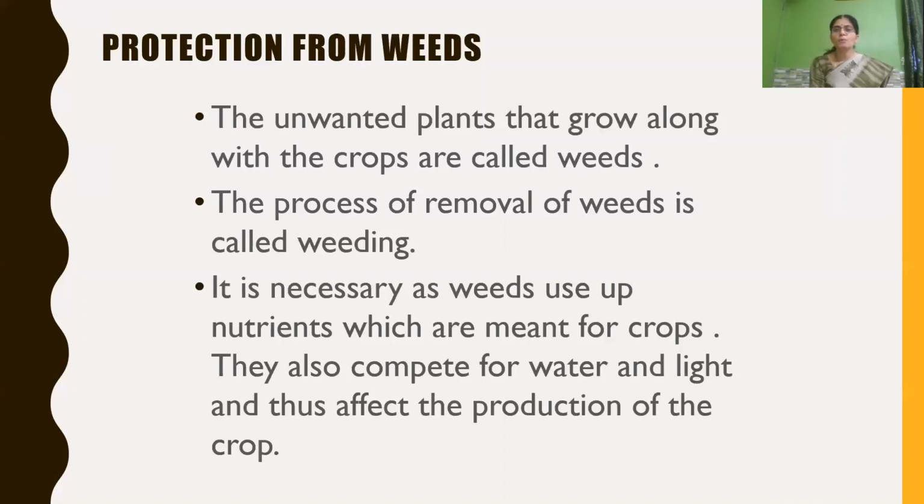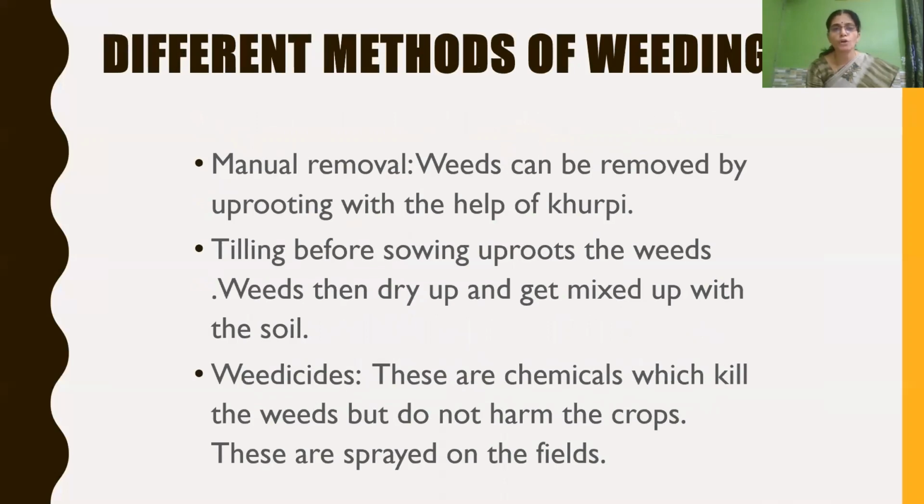What is weeding? The process of removal of weeds is called weeding. And weeding is very, very essential because weeds use up all the nutrients which are meant for crops, and they also compete with the crops for water, light, space, etc. Thus, it affects the production of crops.